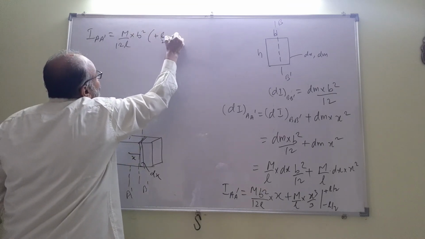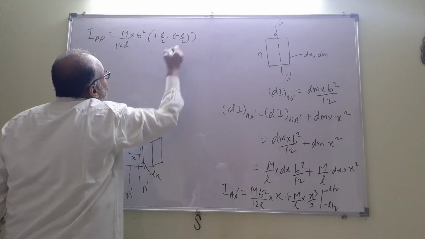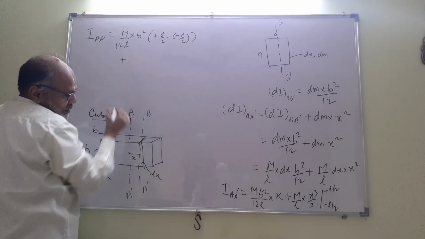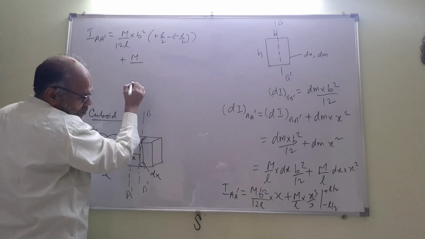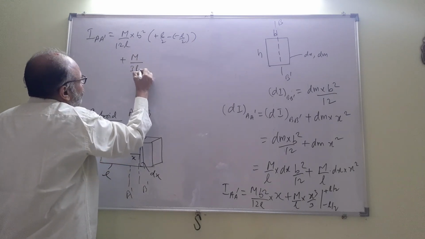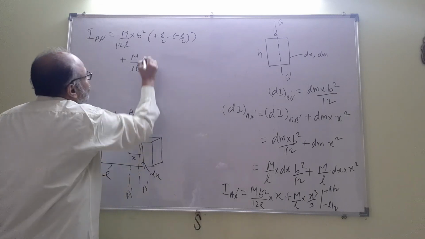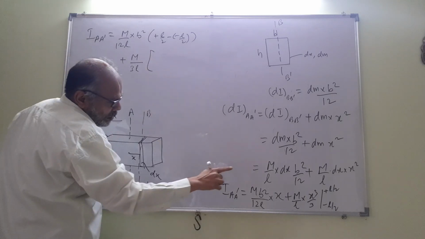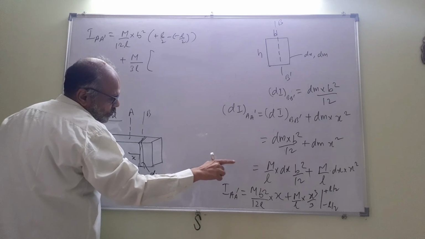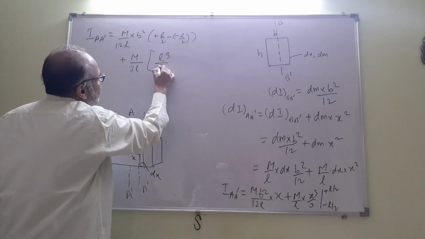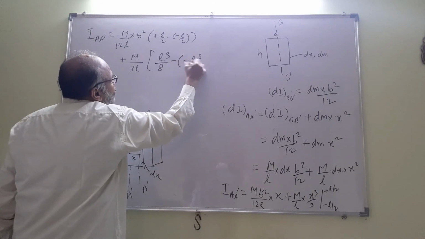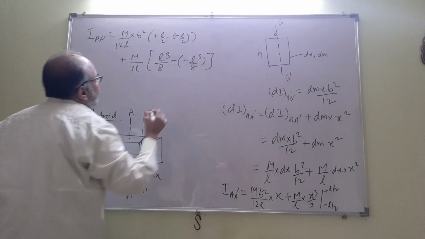Then plus the next term m by 3L into x cube, put the limits as L by 2 and minus L by 2, you will get L cube by 8 minus minus L cube by 8.